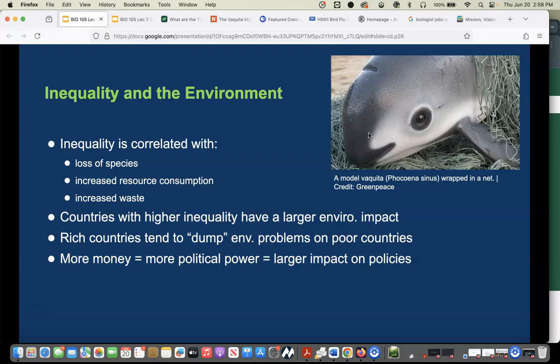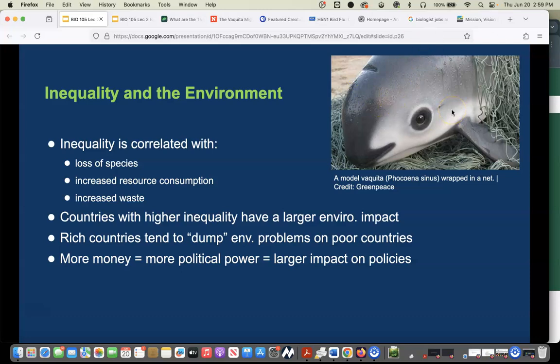Unfortunately, right now, fishing practices have really been the demise of the vaquita. And so there has been a big push for the right fishing practices. It's mainly the overfishing of the species called the totoaba fish. But the challenge is that these poor fishermen, who are just trying to get enough totoaba to feed their families and to meet the basics of survival, are not really concerned about the vaquita, right?